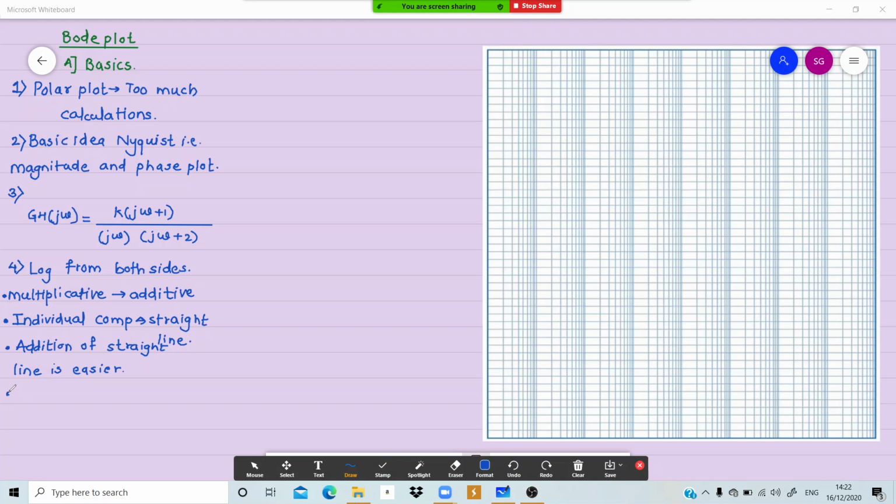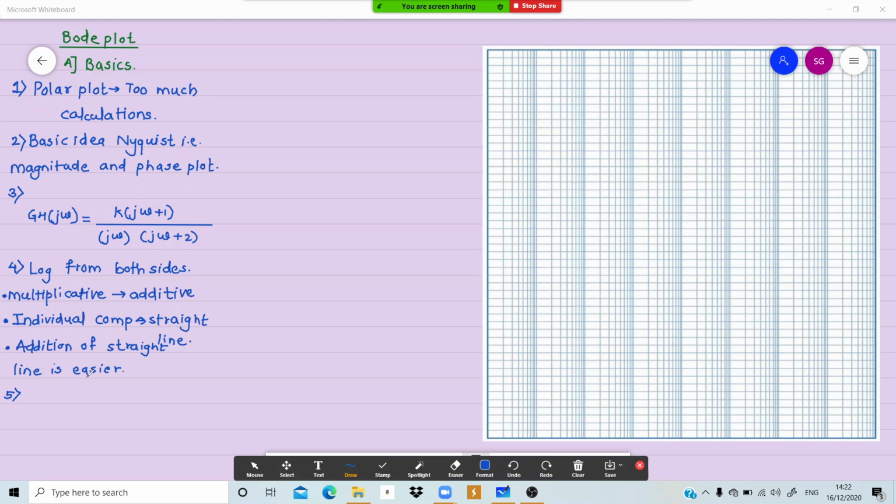So that means one thing is fixed, that now more stress is on the log part. So definitely you have to take the log. Before that, we'll try to split this thing into magnitude and angle, as we always used to do, and then we'll think about what is going to happen if we take log.